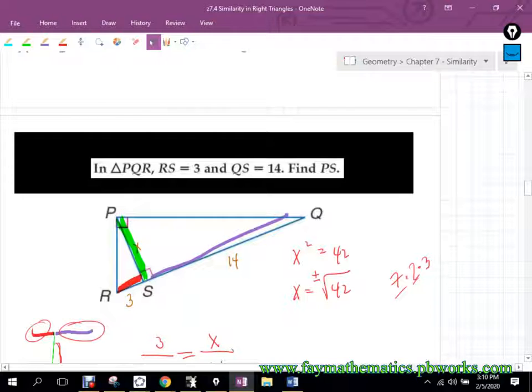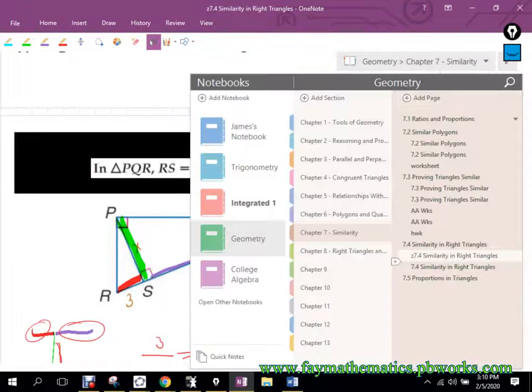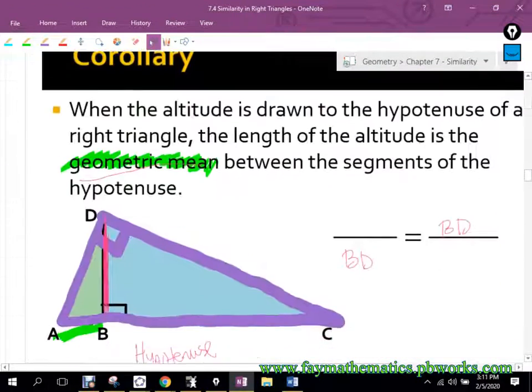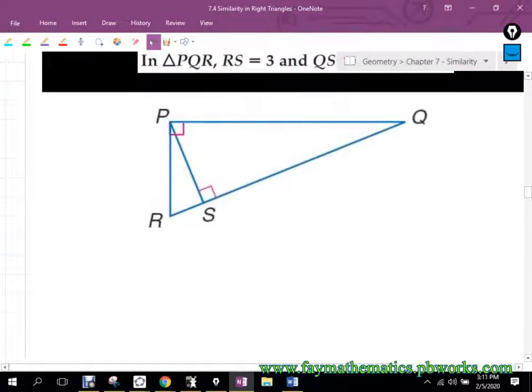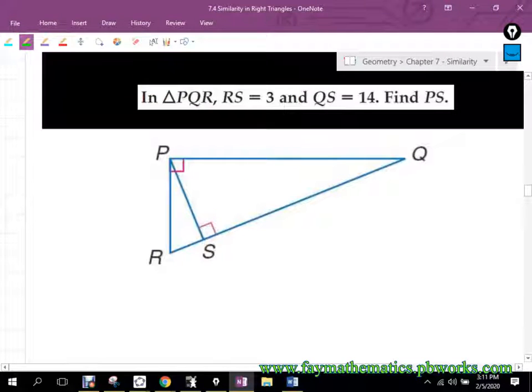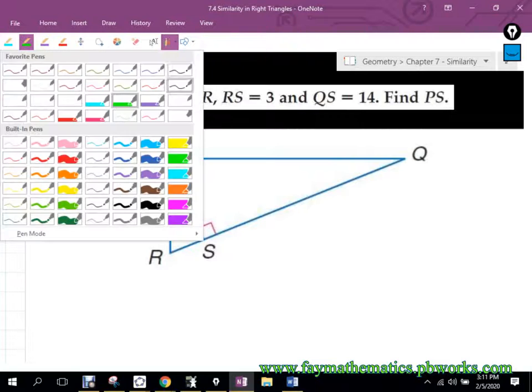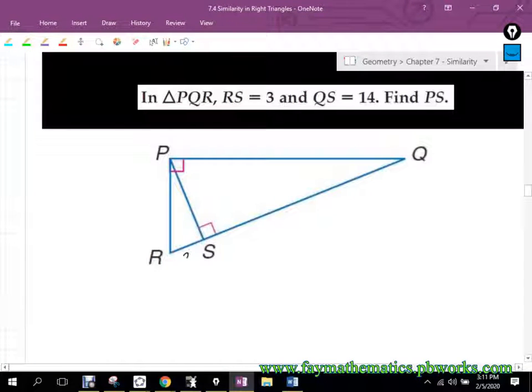They're going to give you pictures like this, and let me get a blank one here. They give me this, and I'm just going to plug in what's provided in the description. They say RS is 3, QS is 14.